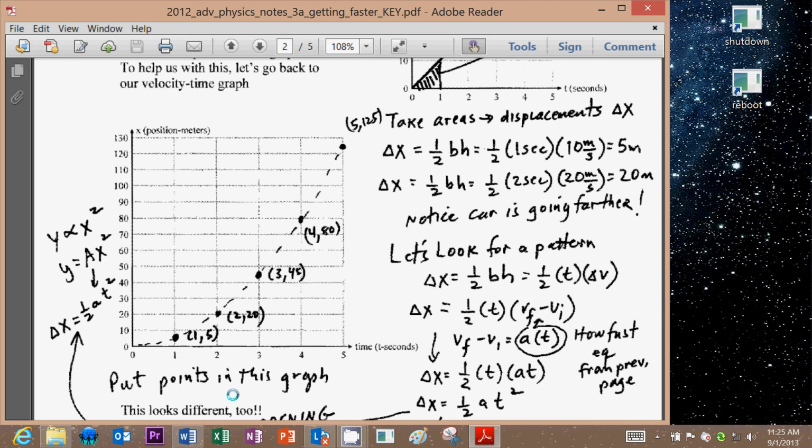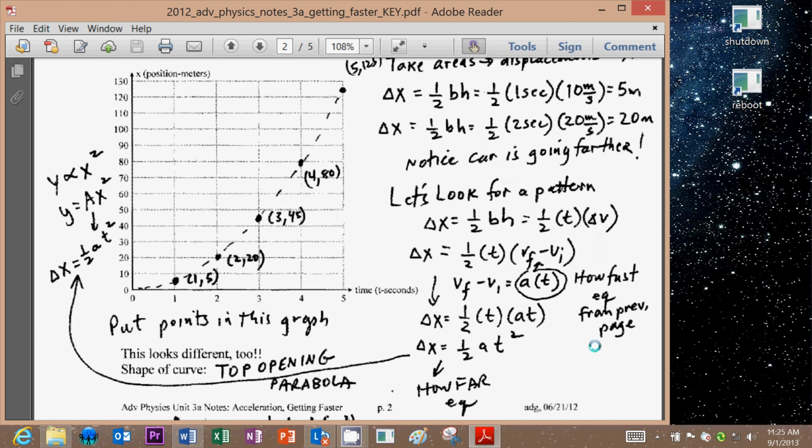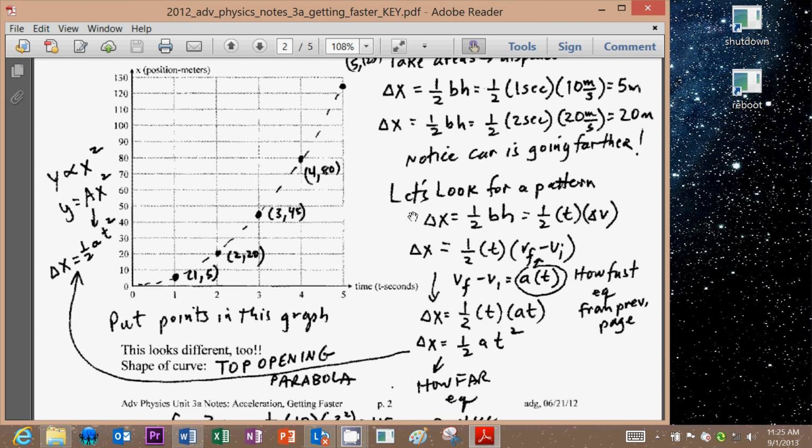All right, and so this top opening parabola then is constructed by taking triangles, 1/2 BH. But we said that there was kind of an equation for that, and it's kind of our how far equation, 1/2 AT squared. So that's kind of where we're starting out now.